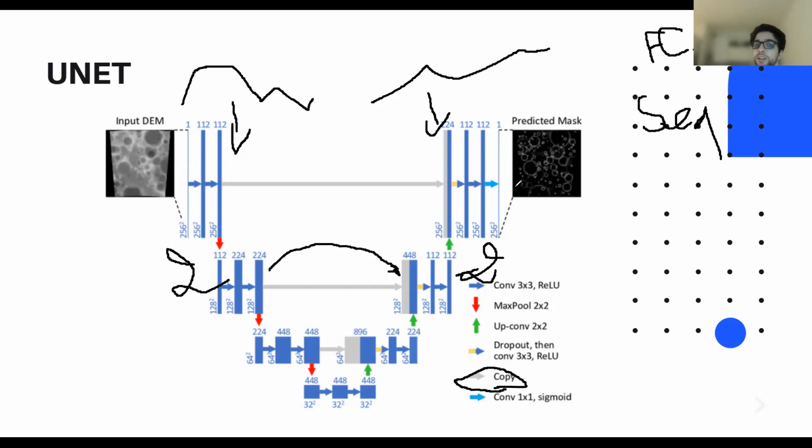This allows these final layers to have a better understanding of the original image, right? When you are reducing the size, you are learning richer features, but you're losing a lot of spatial information from the image. By copying the feature maps, you are still preserving all this spatial information.